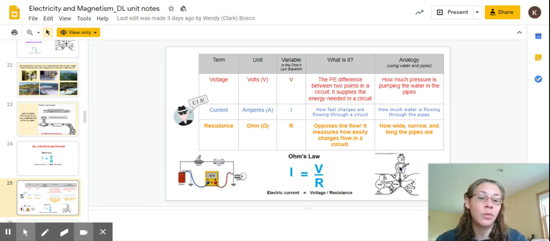It's what gets in the way. It measures how easily charges flow in a circuit. So with a lot of resistance, the current does not flow easily. With very little resistance, it flows very well, it flows very fast. So the analogy with the water in the pipes is how wide or narrow or long the pipes are.